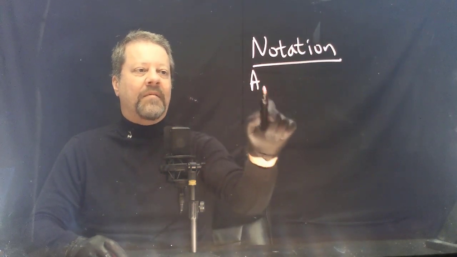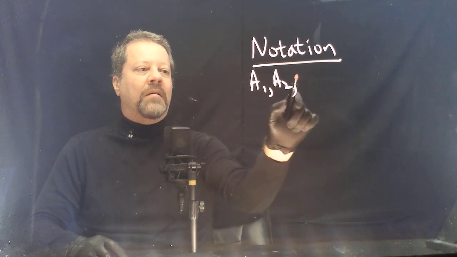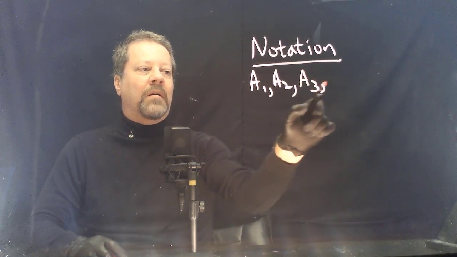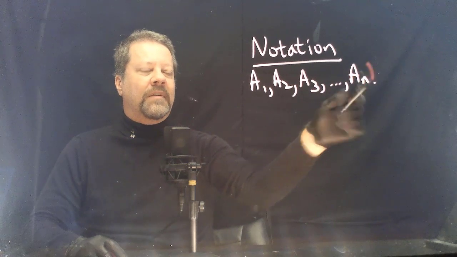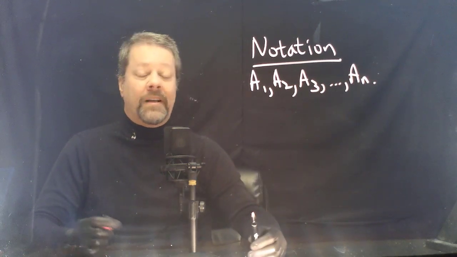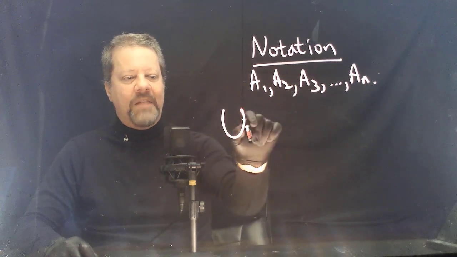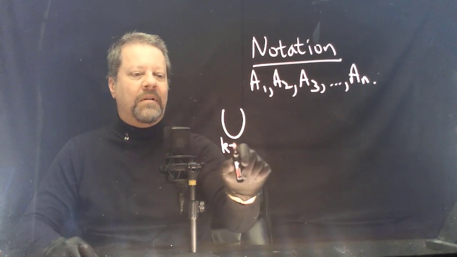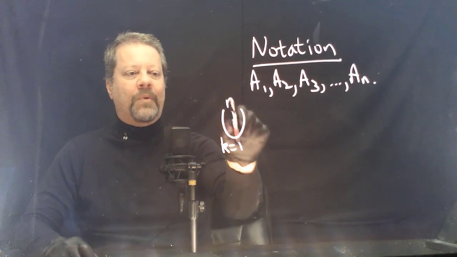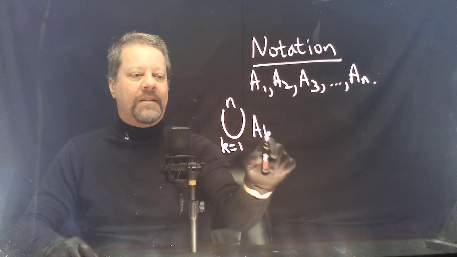What if we have a large number of sets, and we'd like to take the union or the intersection of all of them? We can write a great big U, and we'll index it as k goes from 1 to n, A sub k.